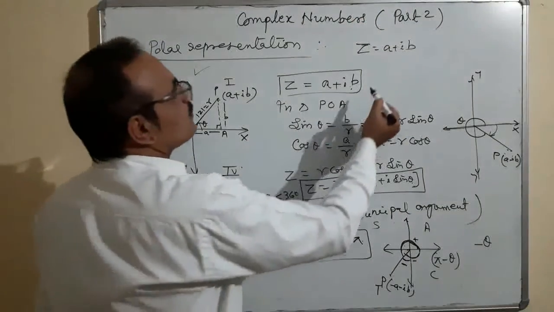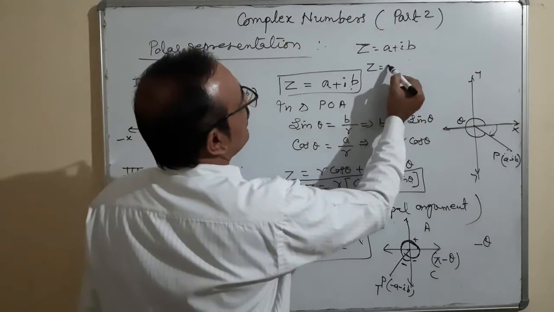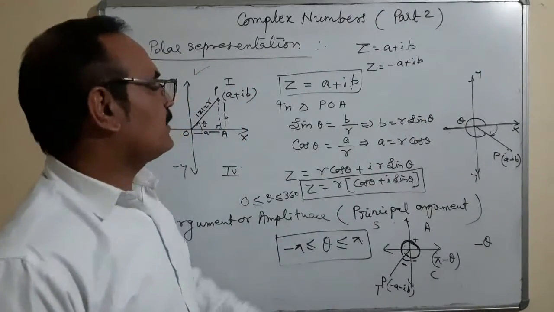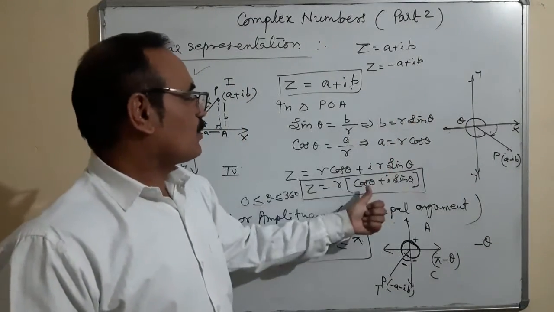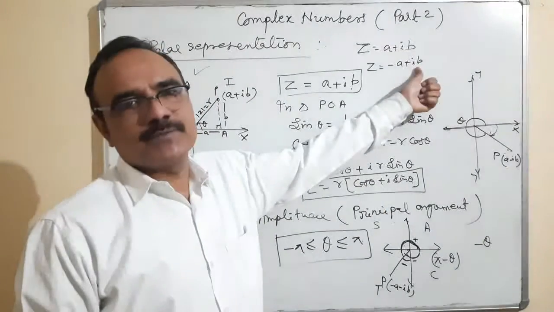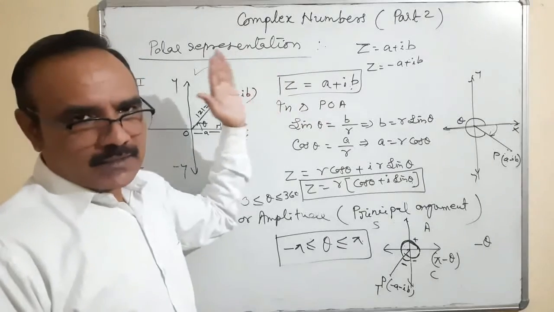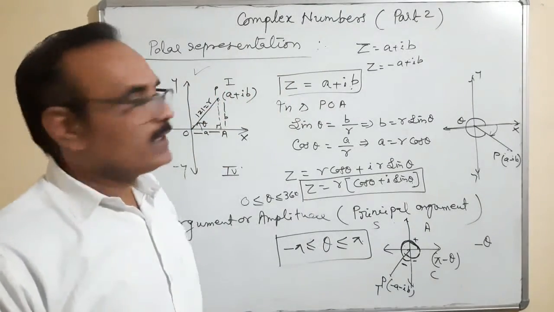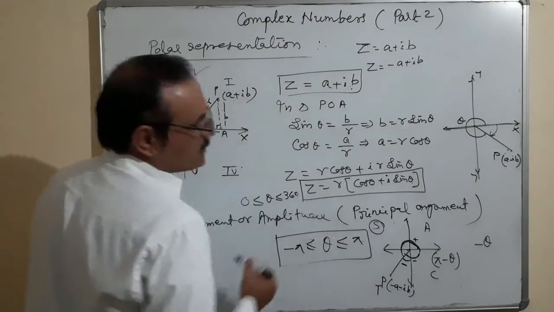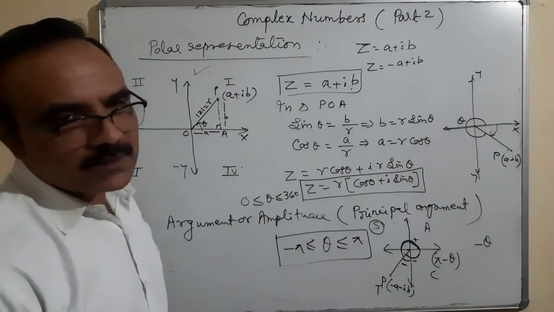But in the second case, Z is equal to minus A plus iB. Here cos is negative, so the first value is negative and the second is positive. It lies in the second quadrant. And in the second quadrant, sine and cosec are positive, others are negative.